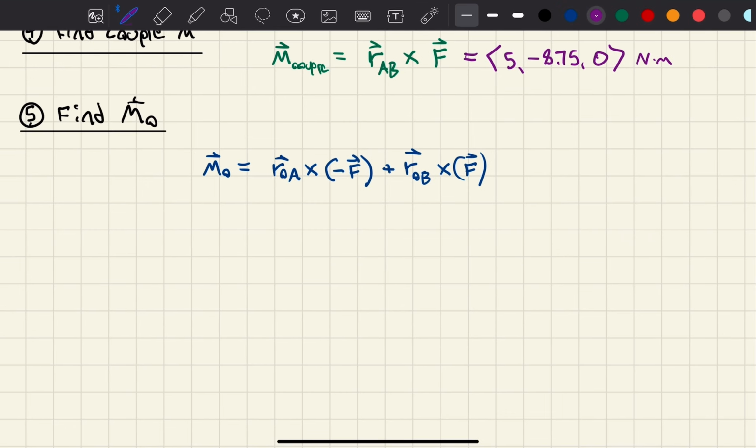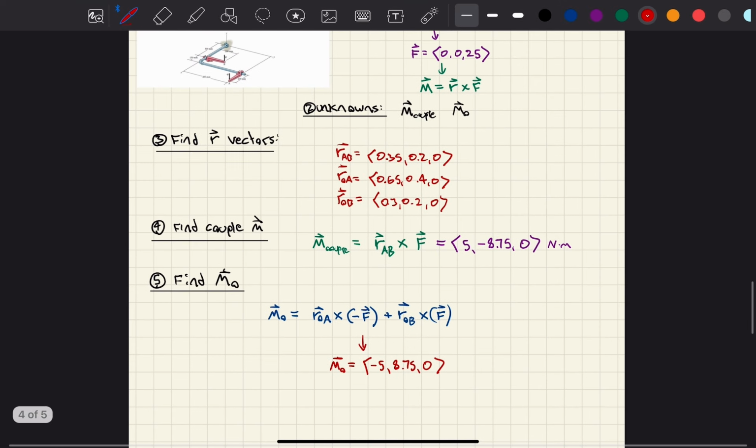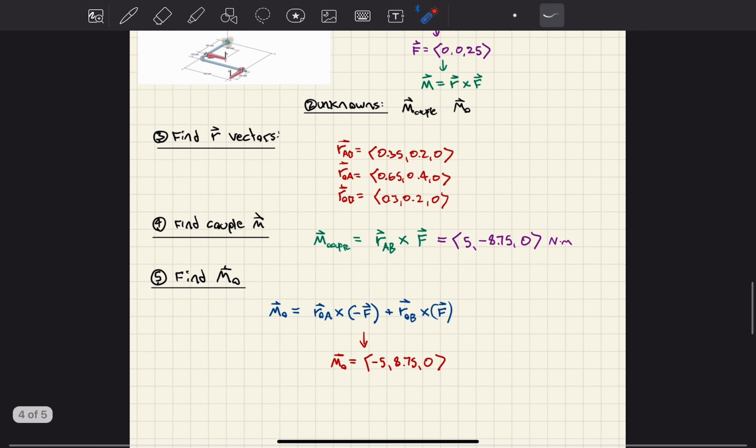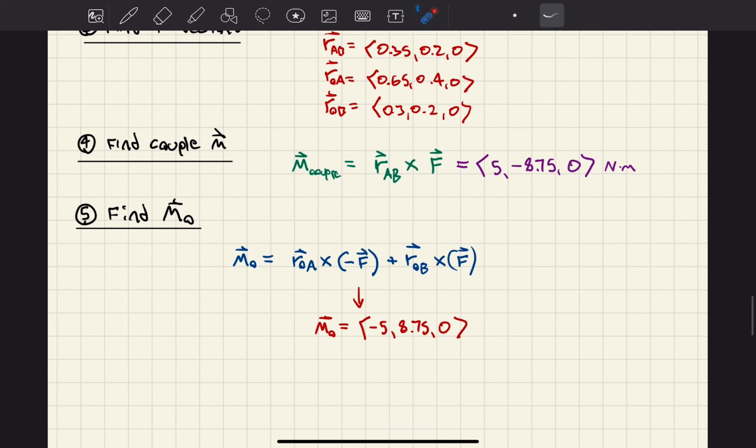Once you do this calculation, this is, again, just simply a cross product. You're going to get something weird. You're going to get negative 5, 8.75, 0. Well, that's weird. Why is it different from our answer? Aren't they supposed to be the same? Well, technically it is the same. If this also was negative, then you have a problem.